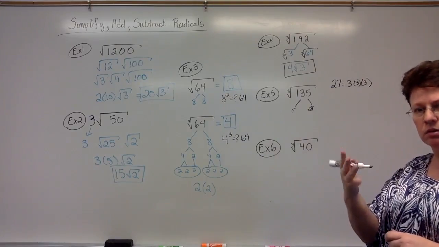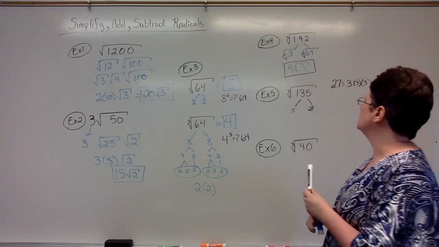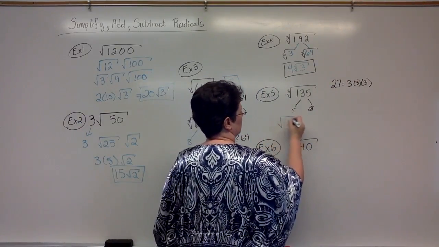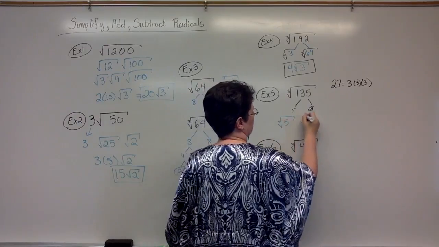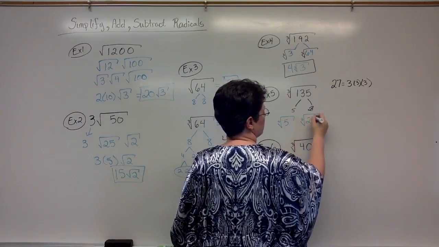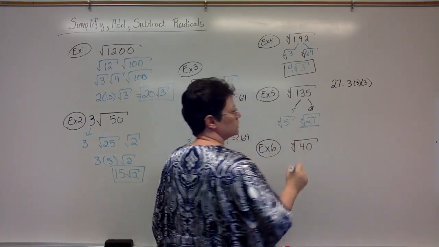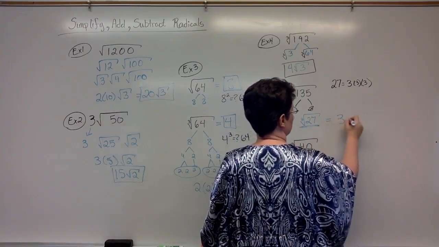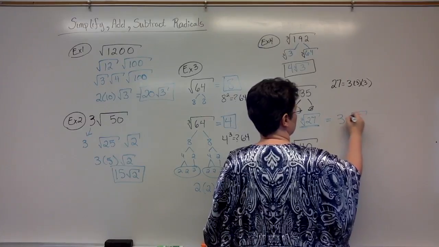Do I have a trio? Yes. So that means I can do the cube root of 5, cube root of 27. We know the cube root of 27 is 3. So this becomes 3 cube root 5.